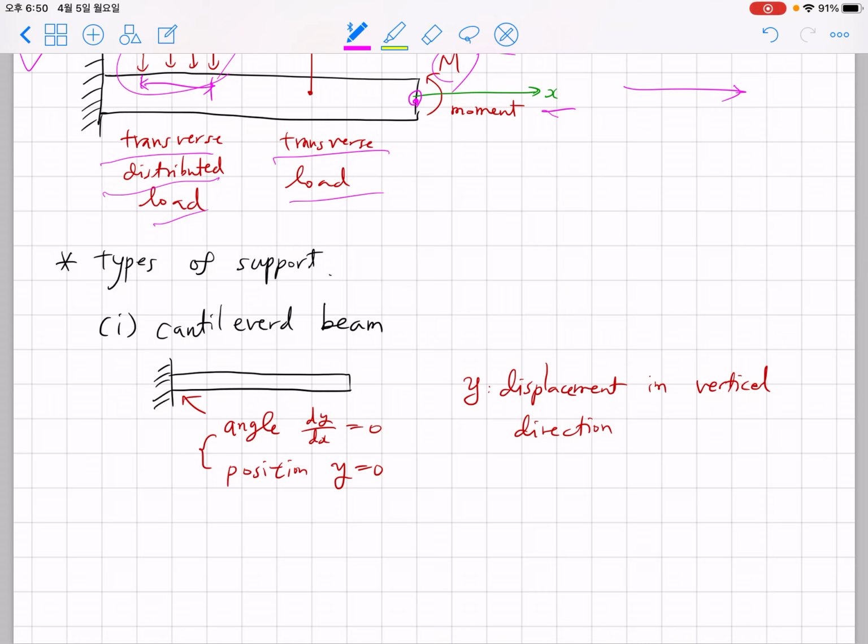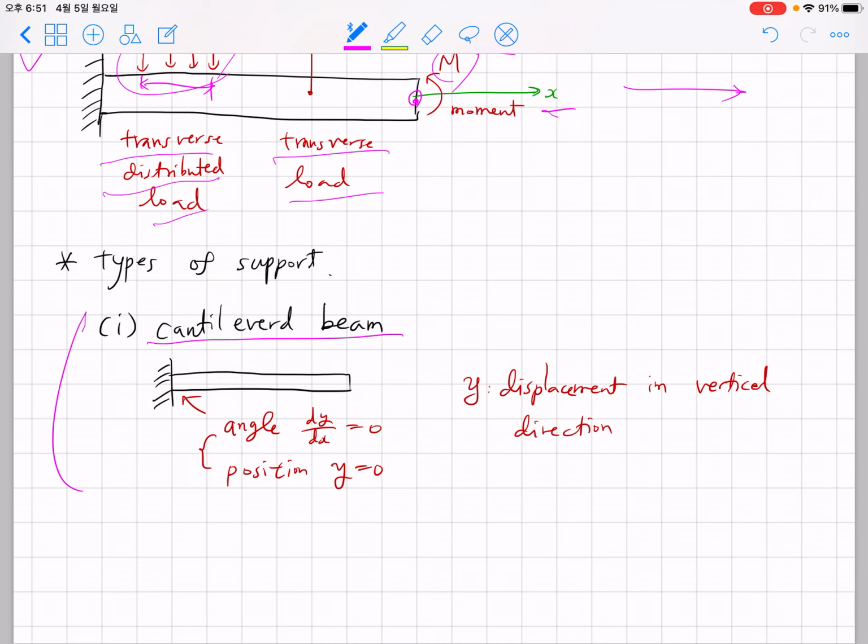But if you have some sort of support, then it's quite easy to design a statics problem, right? Bending beam under bending without any motion. So the types of support that we're going to consider in our textbook are as follows.